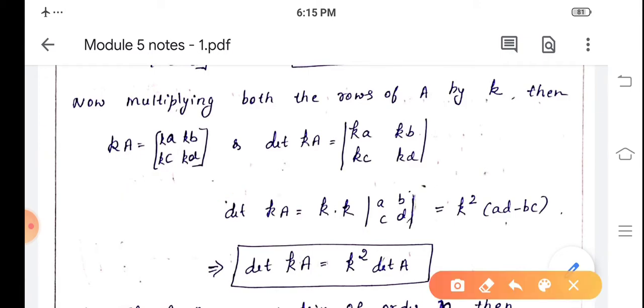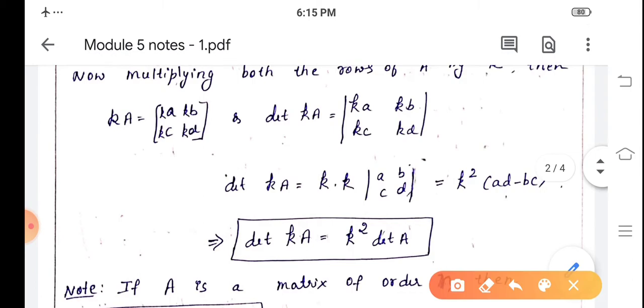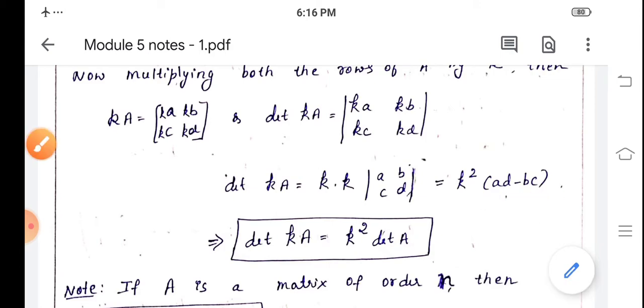And determinant of kA equals the determinant of this. In the first row k is common, so take k outside, and in the second row also we take k outside. So it is k into k into determinant of [[a, b], [c, d]], that is k square into determinant A, where determinant of A is ad minus bc.